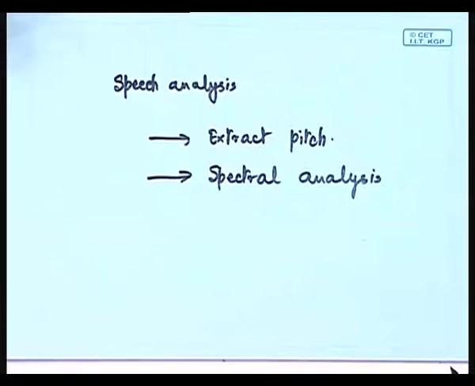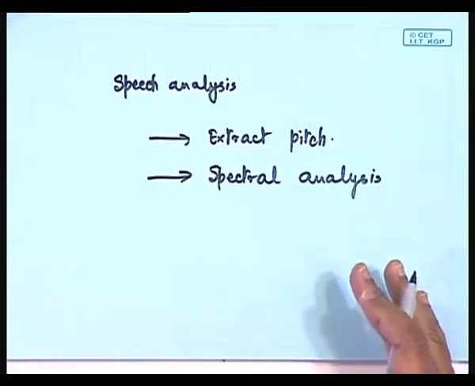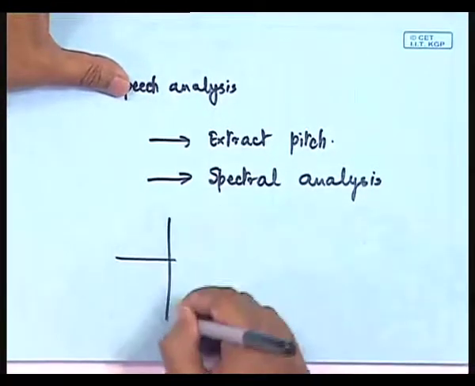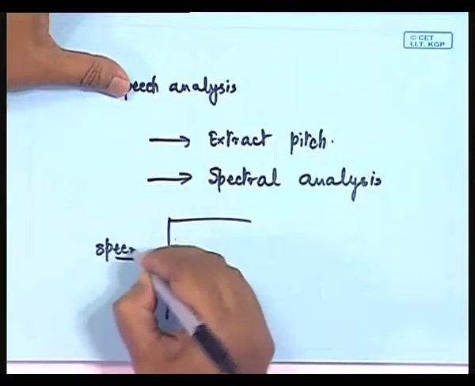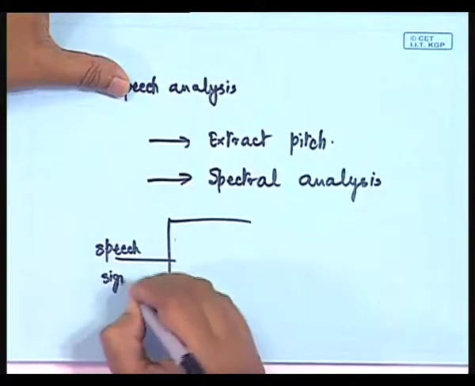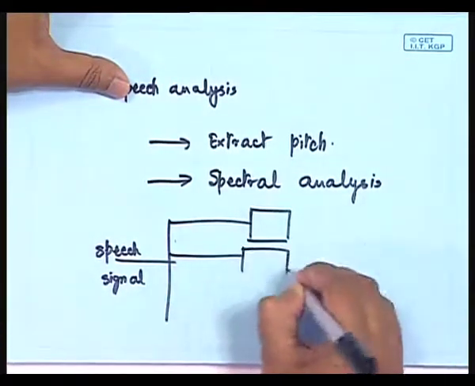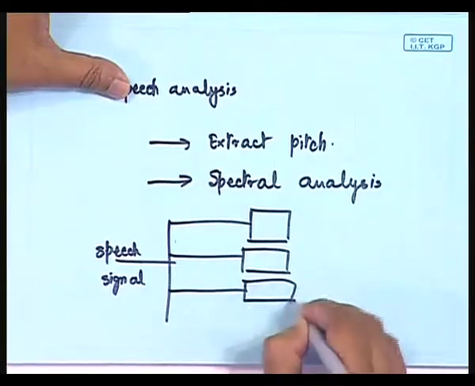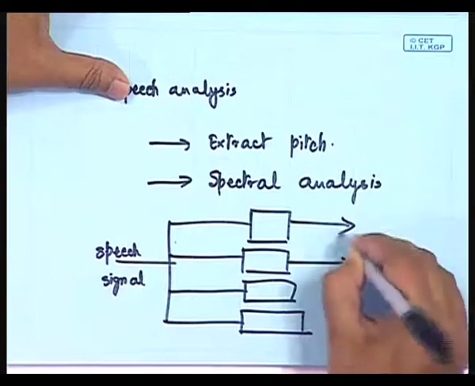Now, in spectral analysis, what we do is that we analyze the speech and divide it into a set of filters. So, if this is your incoming speech signal, you will be feeding this signal to a bank of filters, and each filter is a kind of band pass filter that you can assume.